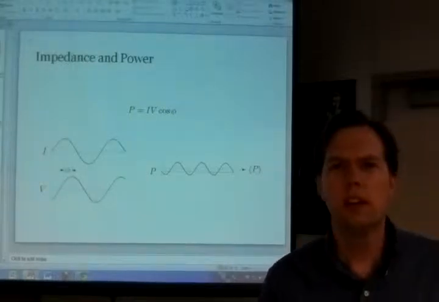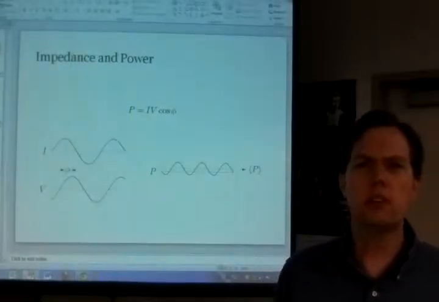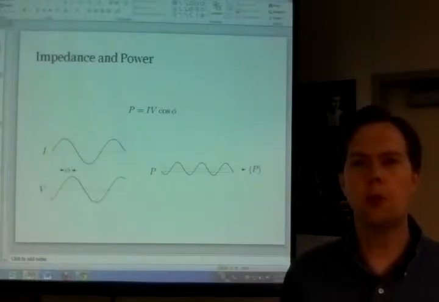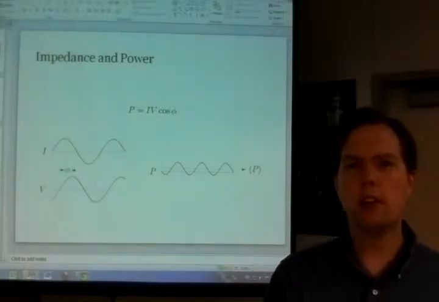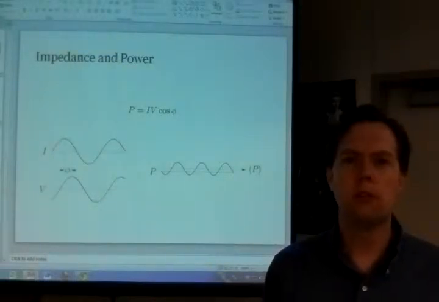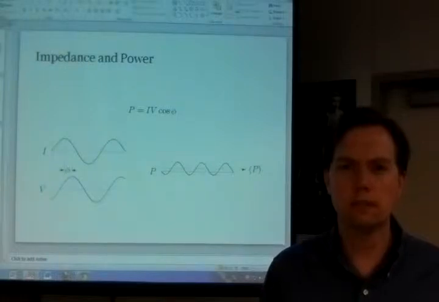Hi everyone. So in the last video we introduced this idea of impedance. Impedance captures both the resistive and the reactive components of a circuit. Both the resistive and the reactive components create a relationship between the voltage and current in any kind of RCL circuit.